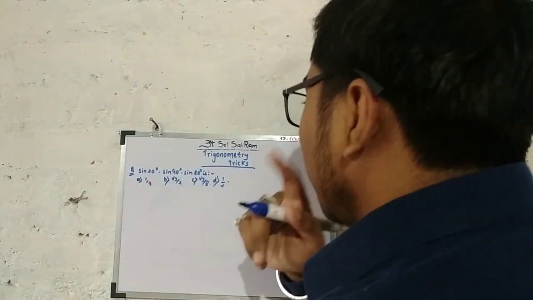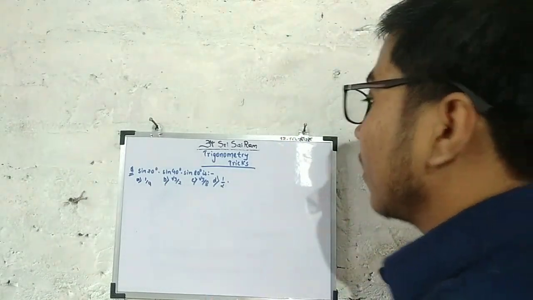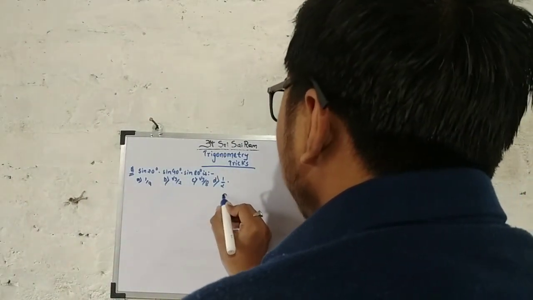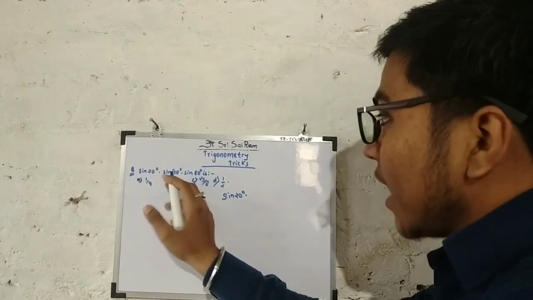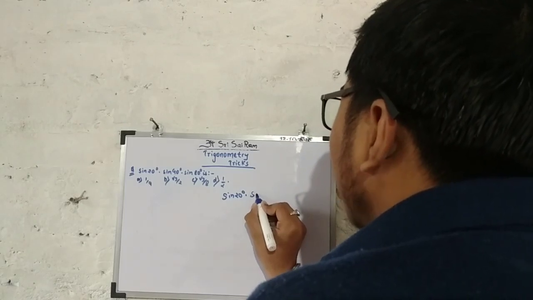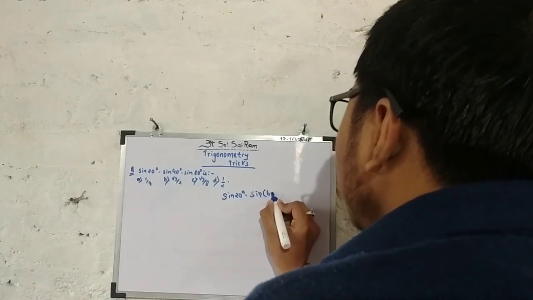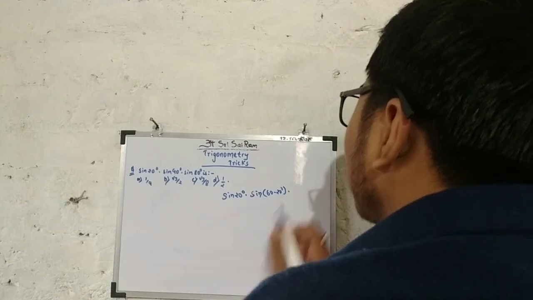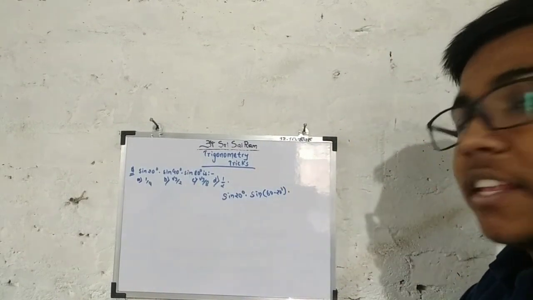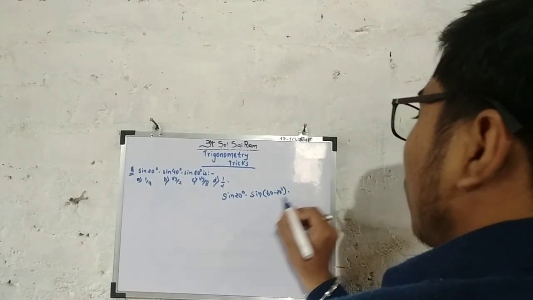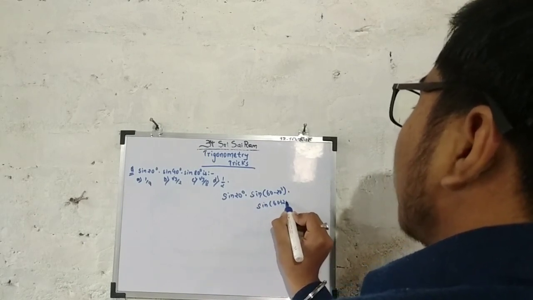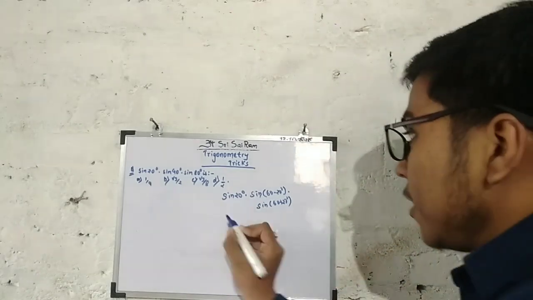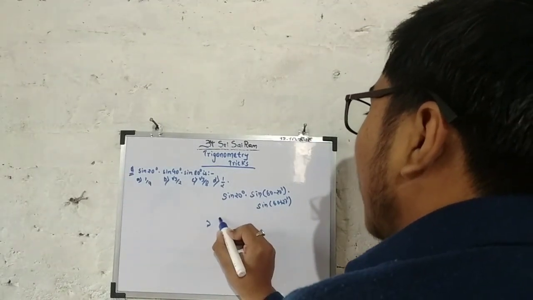Now see the trick. If you look at this particular question, you will see a pattern here. What is this pattern? Sine 20 is sine 20. Sine 20 into sine 40, I will write it as sine 60 minus 20 degree, into, and now this sine 80 I could write as sine 60 plus 20 degree.